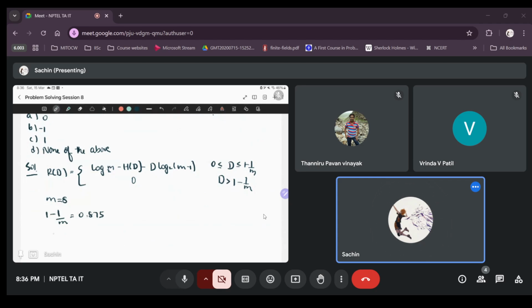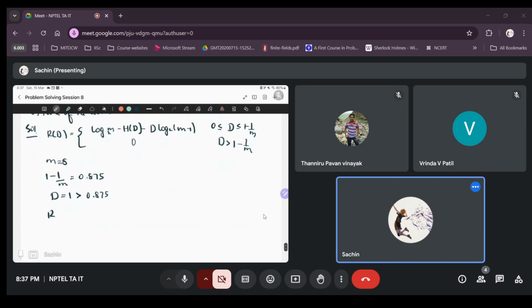D is greater than 1 minus 0.875, so the rate distortion is just 0.